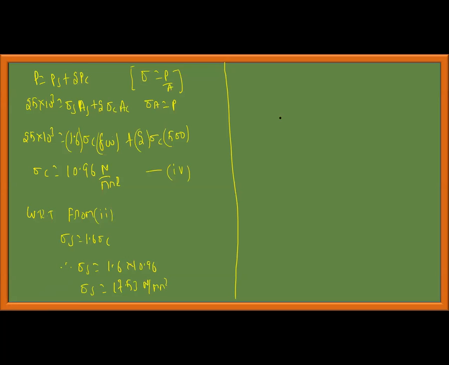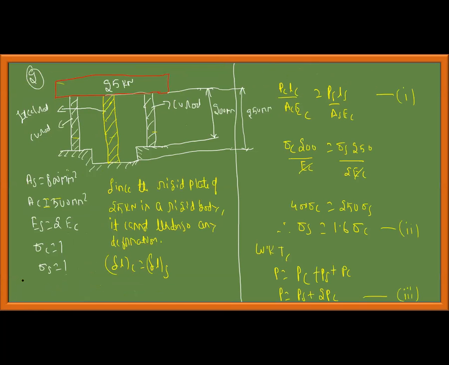In case you are asked the deformation, you can calculate delta L steel and so on. The same for delta L copper, which is PC LC by AC EC, equal to sigma C LC by EC. Young's modulus we don't know, right? You have to back substitute in this expression.